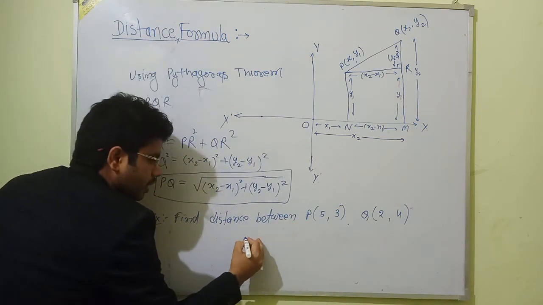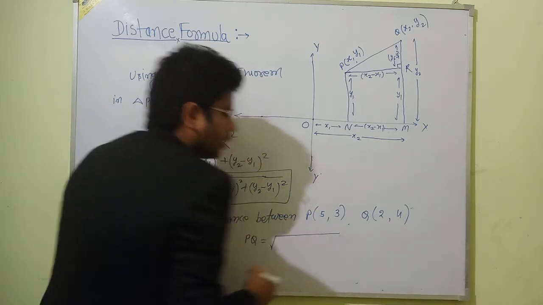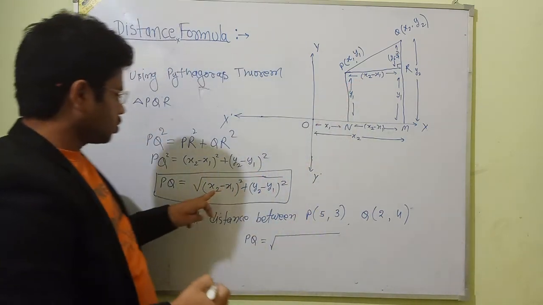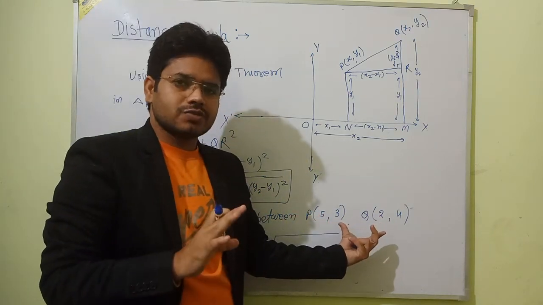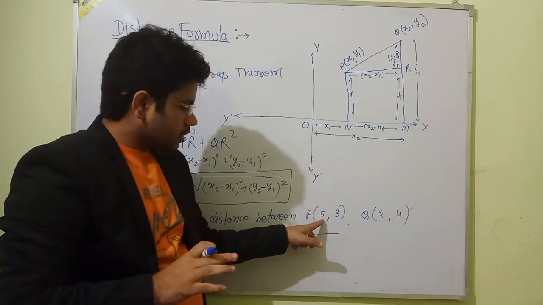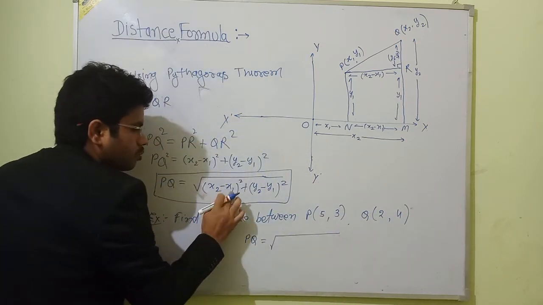So what are we left with here? PQ is equal to, using the formula, x2 minus x1. We can take any of the coordinates as x1, y1 and x2, y2. So let this be x1 and this be x2. So we can write (2 minus 5) whole square plus (4 minus 3) whole square.